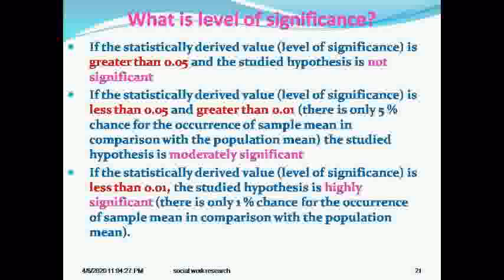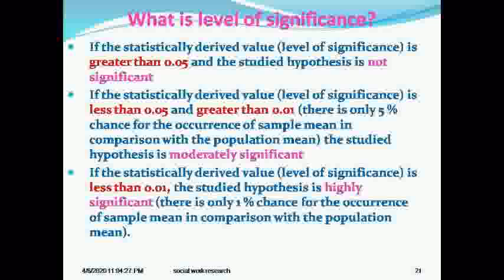If the statistically derived value is greater than 0.05, then the studied hypothesis is not significant. We apply this t-test or chi-square, and we get one value, the ultimate value. We get the level of significance by applying this software, where we have to check whether this value is less than 0.05 or more than 0.05.